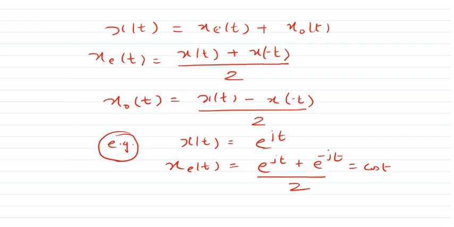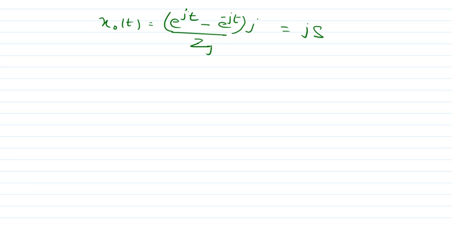And what is the odd component? xo(t) is nothing but e raised to the power jt minus e raised to the power minus jt divided by 2. Now divide and multiply both numerator and denominator by j, so we will get j sin t.